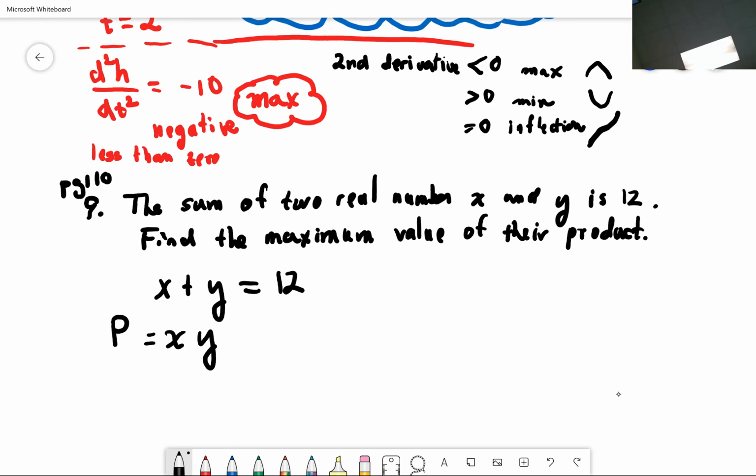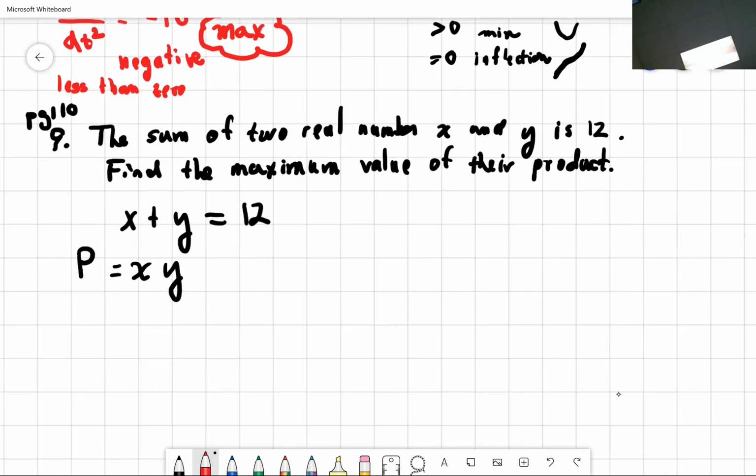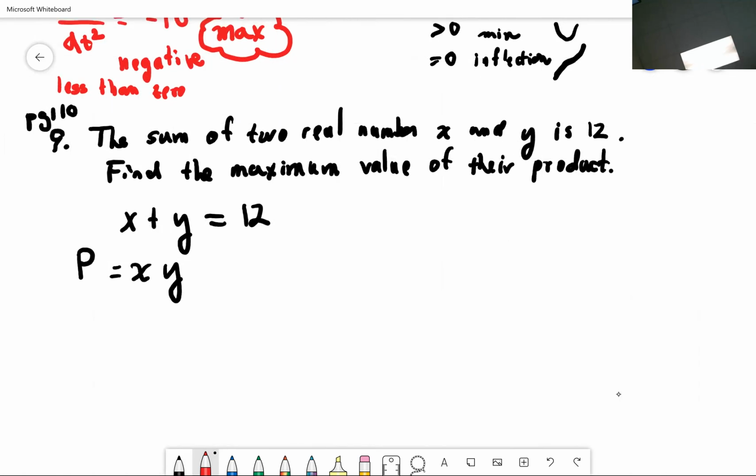calculus and algebra. So how would I begin this? Well, first of all, I would want to rewrite what I know differently. You'll see why. I can say y equals 12 minus x, because y would always have to be 12 minus x.